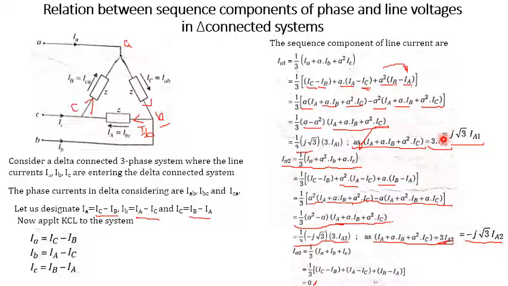Similarly, for the negative sequence, it lags by an angle of 90 degree. Finally, the zero component is 0.